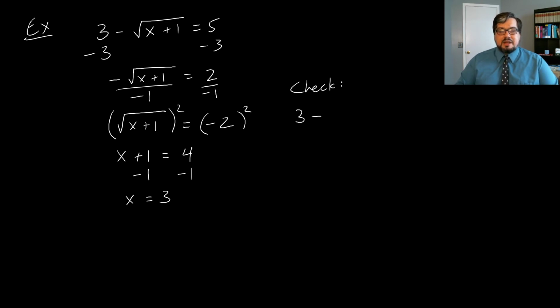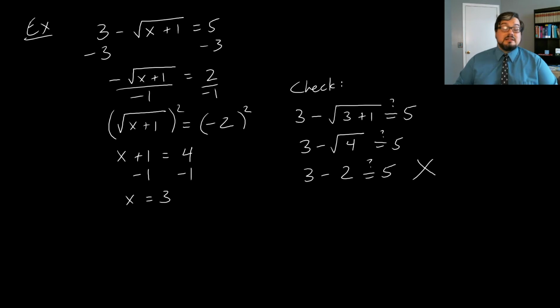So we can check and say 3 minus the square root of 3 plus 1. Does that equal 5? So we get 3 minus the square root of 4. We ask, does that equal 5? And we get, that means 3 minus 2. We ask, does that equal 5? And it doesn't. It simply doesn't.